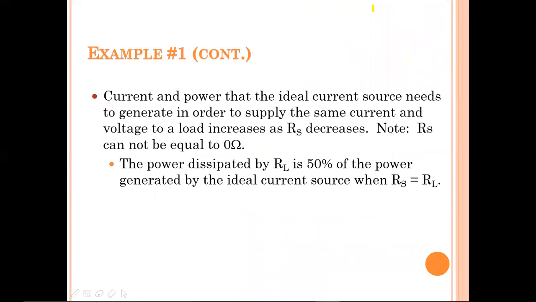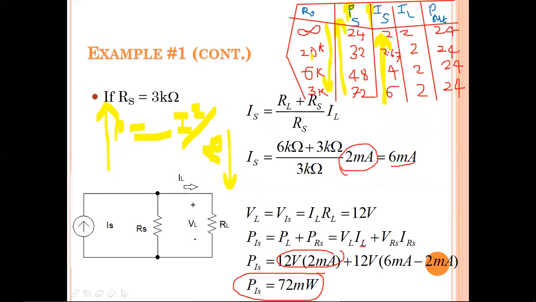The current and power that the ideal current source needs to generate in order to supply the same current and voltage to the load increases as Rs decreases. Note, Rs cannot be equal to 0 ohms. If Rs is equal to 0 ohms, there is no resistance here, so even though the load has some value of resistance, the current will not flow through this load.